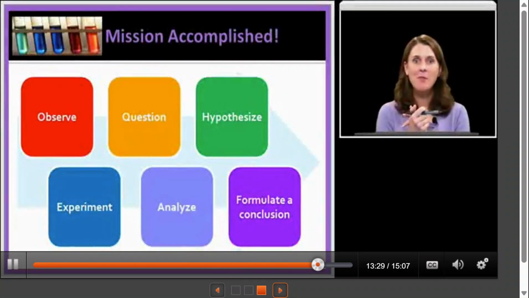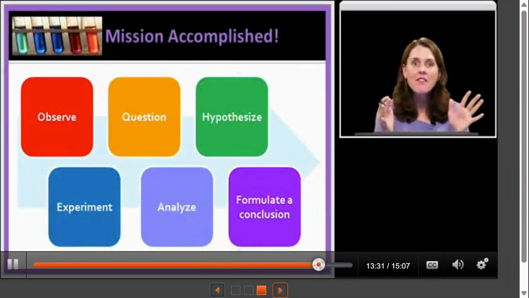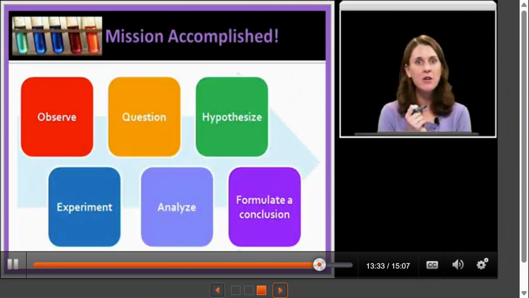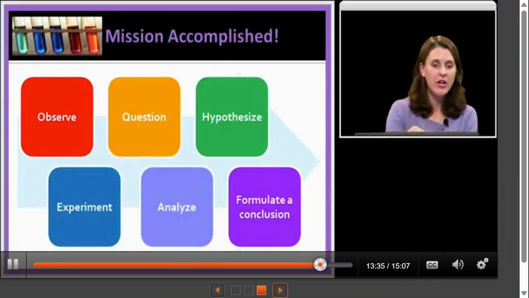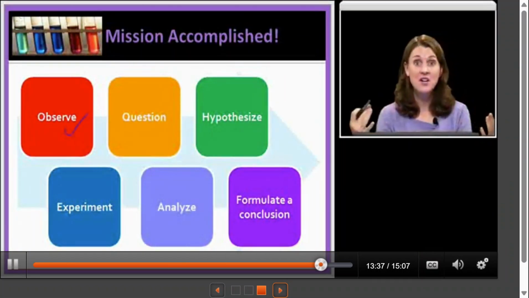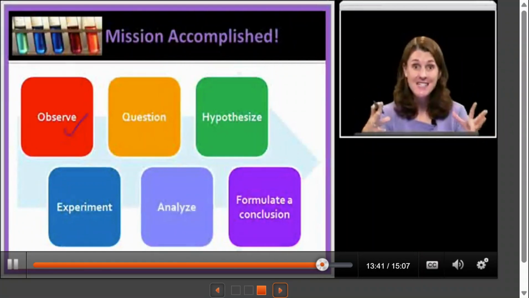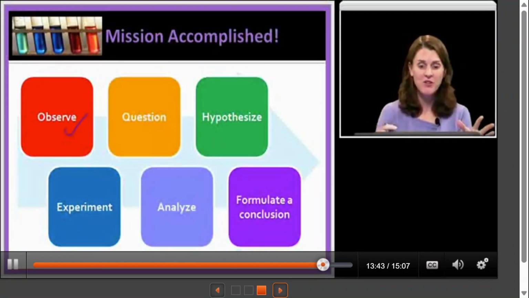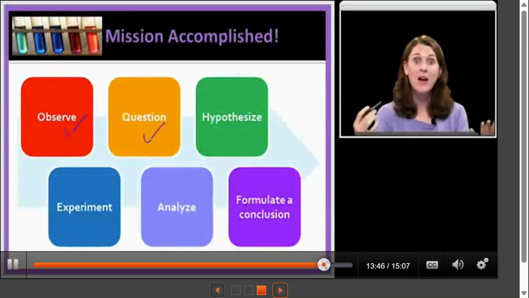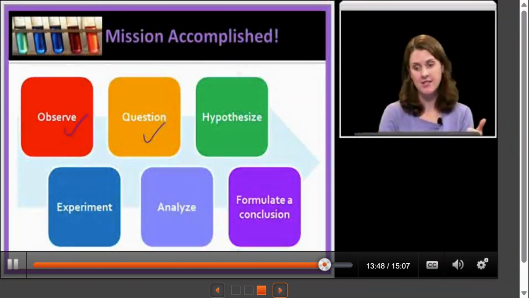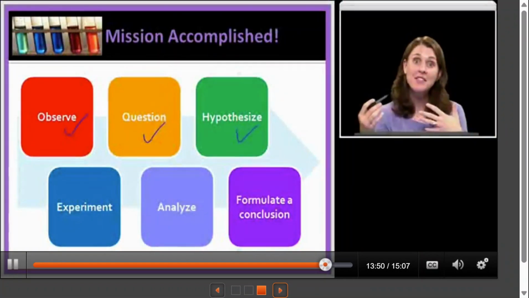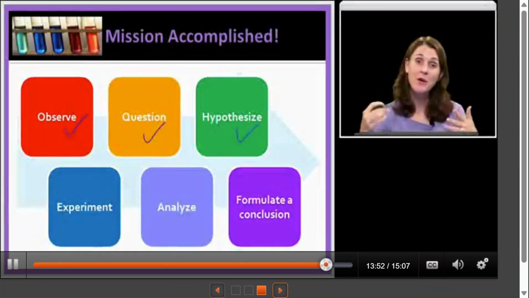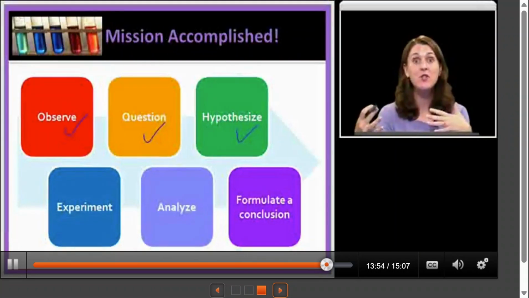Okay, mission accomplished. We have discussed all of the pieces now for scientific inquiry. Real quick, let's review. It all starts with observations, using your senses, writing down detailed information about what you're observing. Then you pose questions about those observations. You come up with a hypothesis because you start thinking about how you might want to test different things that you've observed.